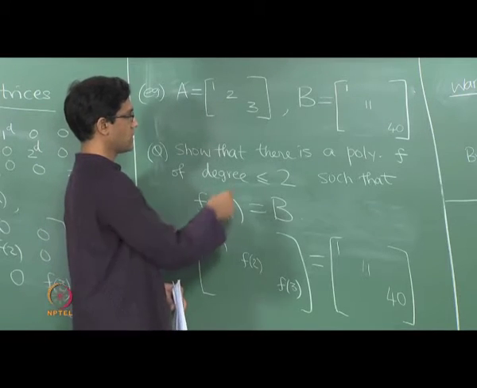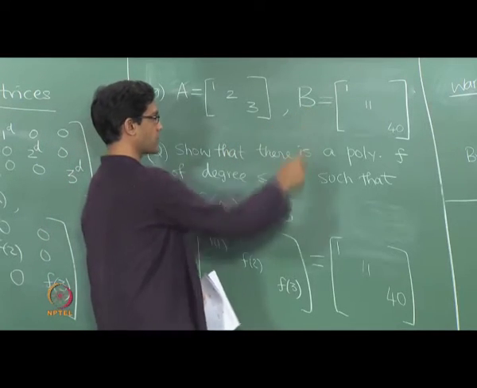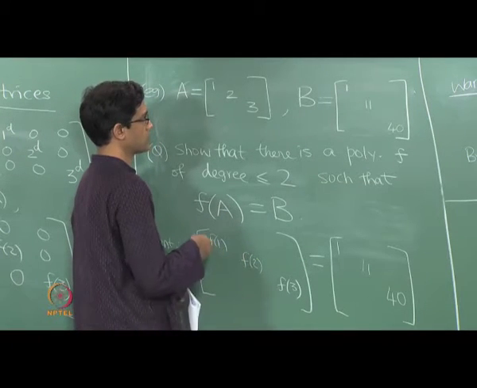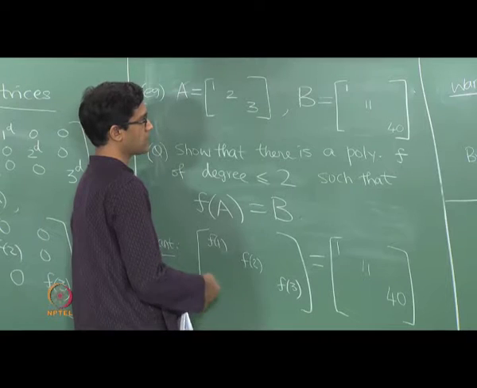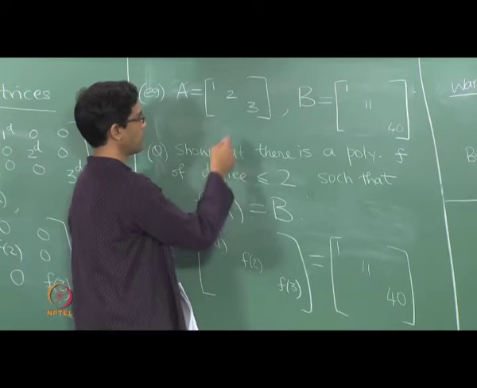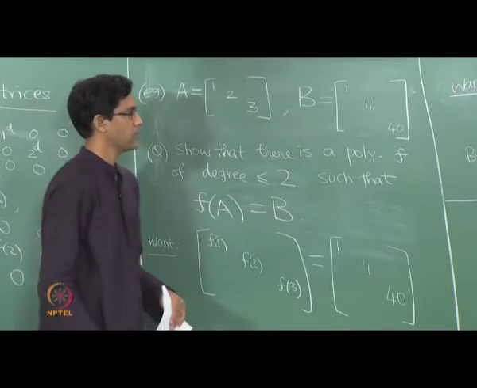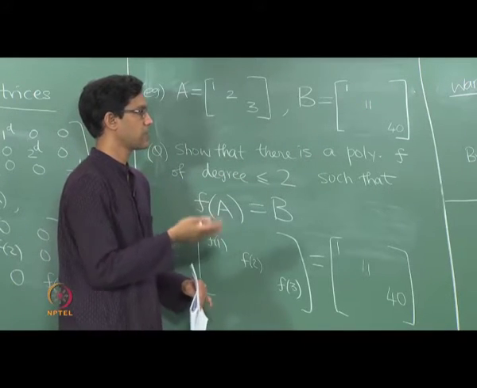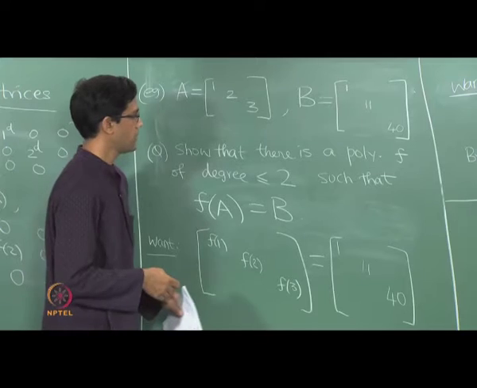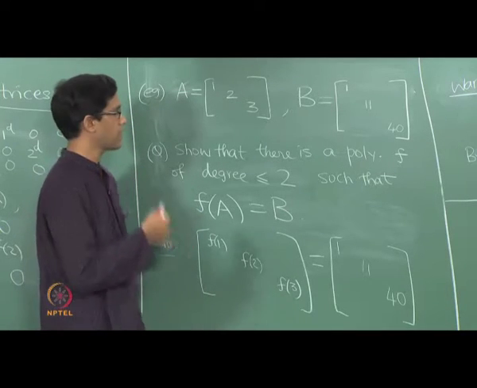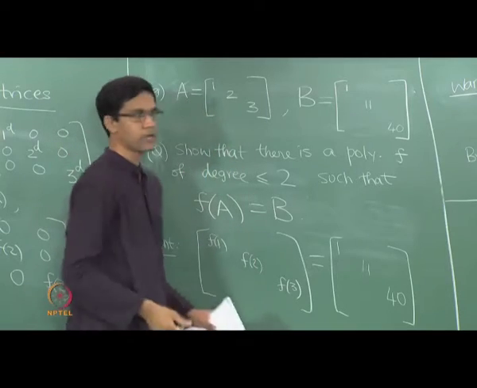So in other words, given any diagonal matrix whatsoever with any 3 real entries on its diagonal, there always exists a polynomial of degree at most 2 such that when you apply that f to A, you will get that given diagonal matrix. In other words, every diagonal matrix can be obtained by applying polynomials to this particular diagonal matrix.